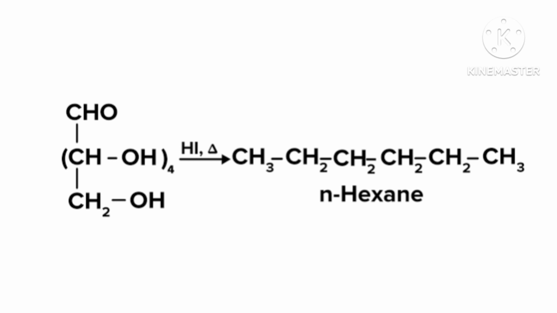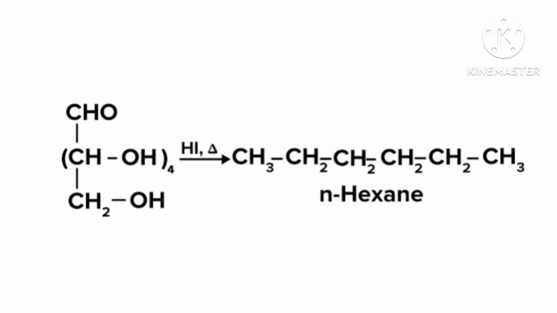The reaction is again the same way. Glucose we can always write as CHO, in the middle CHOH whole 4, and in the end CH2OH. CHO is attached with CHOH, and the end CH2OH is also attached with CHOH.